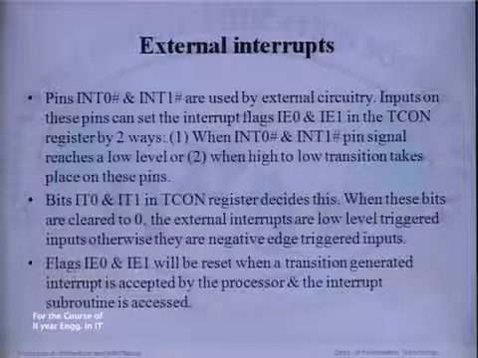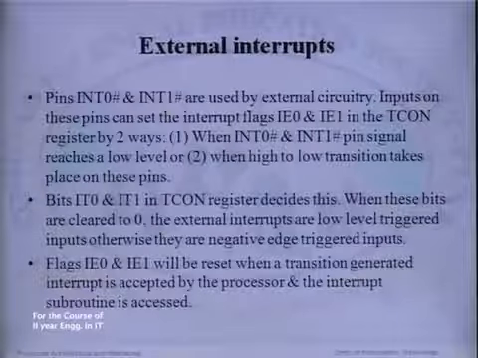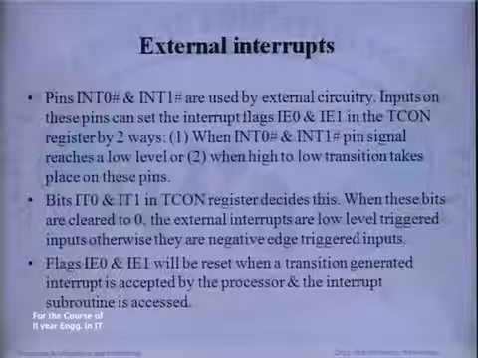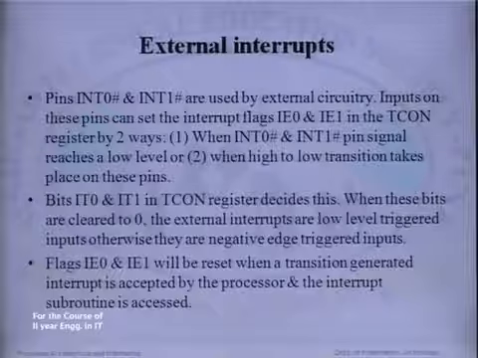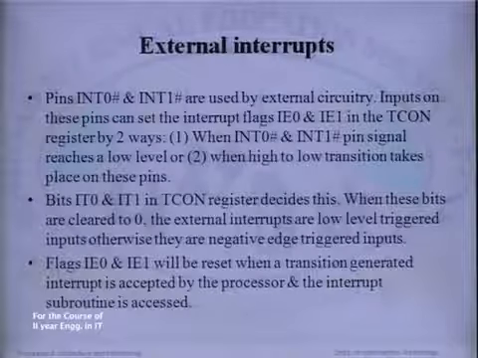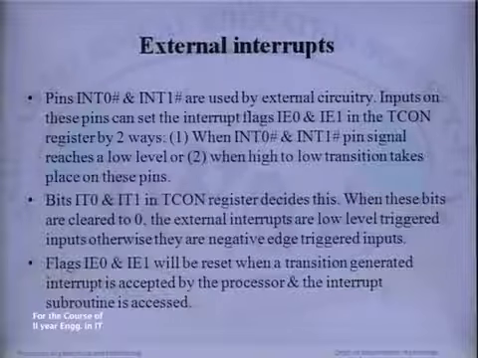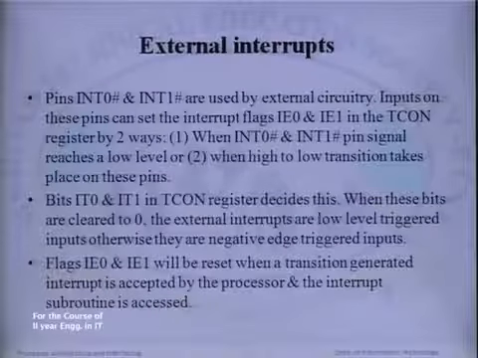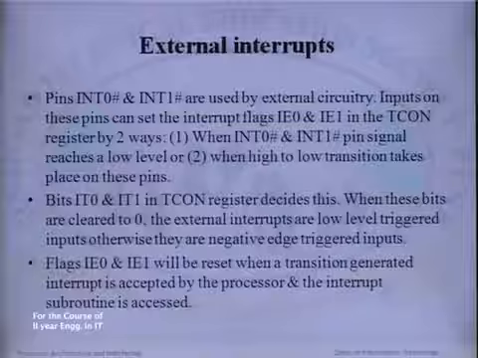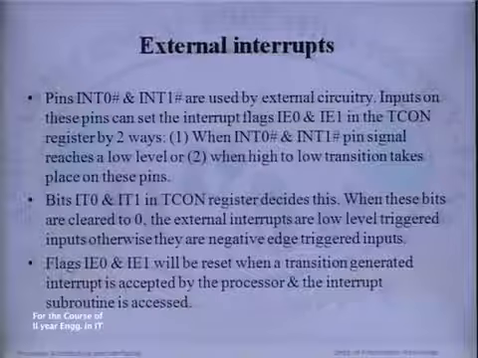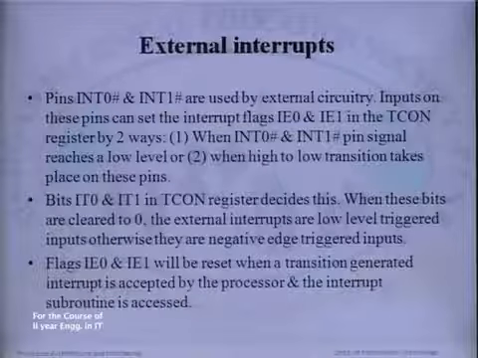That is, they are activated only when there is a high to low transition on the input pins INT 0 bar and INT 1 bar. Flags IE0 and IE1 will be reset when the transition generated interrupt is accepted by the processor and the interrupt subroutine is accessed.